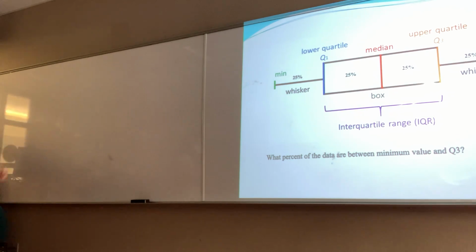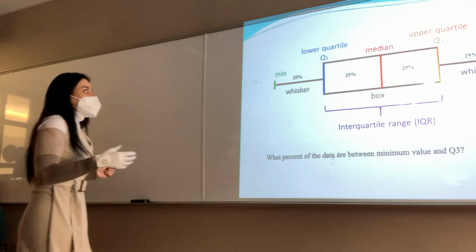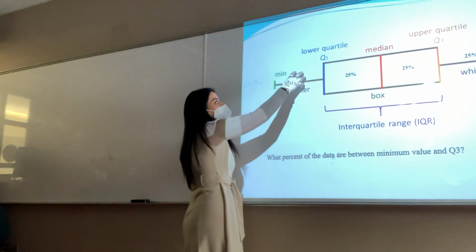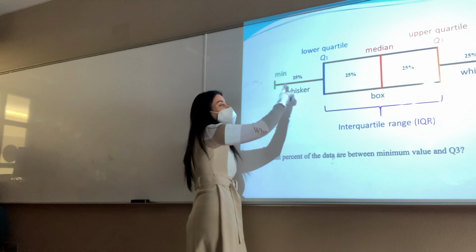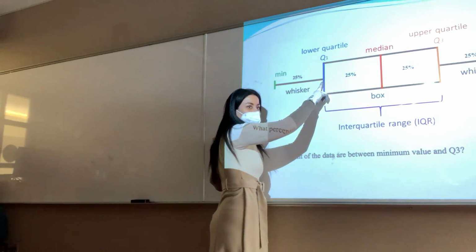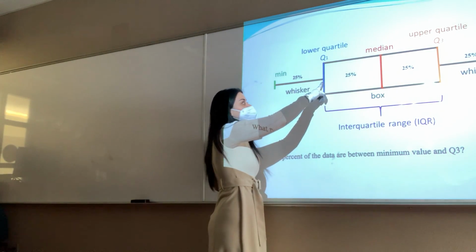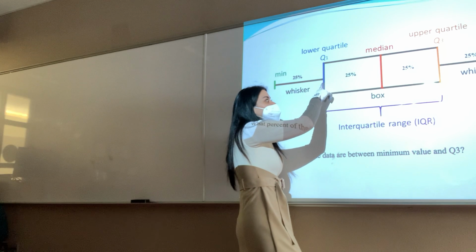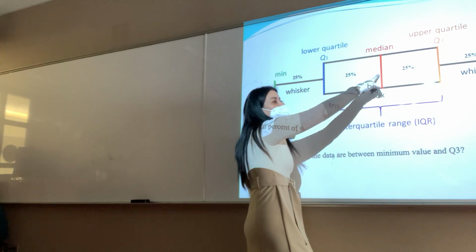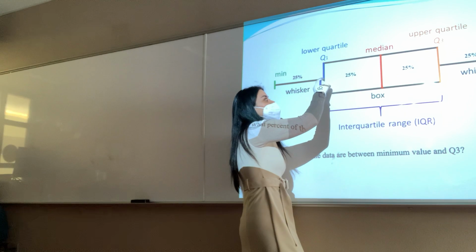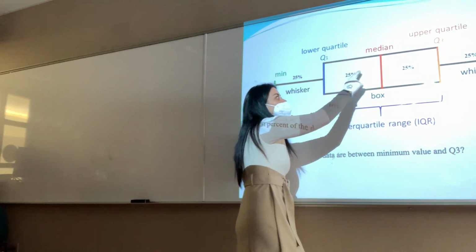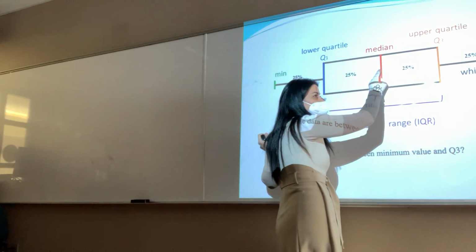And then as I divided that, I'm showing that 25% of observations fall from the minimum height to the first quartile of height. Then the second 25% of height falls between the first quartile and the median height.